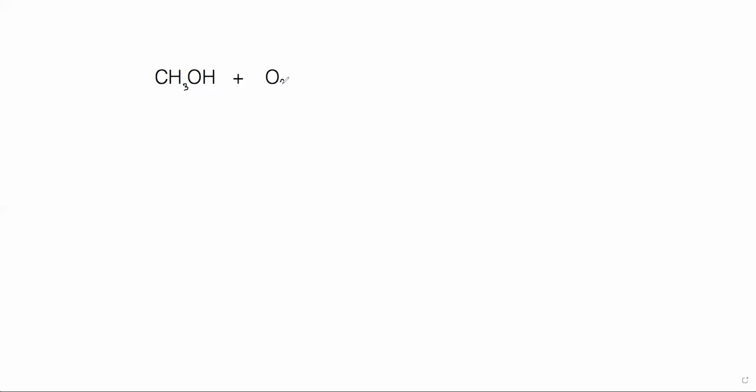And then we have oxygen, which always appears in diatomic form. So that's why we have to have the two there. Let me label it. So this methanol is liquid. And then, of course, this oxygen we know is a gas.